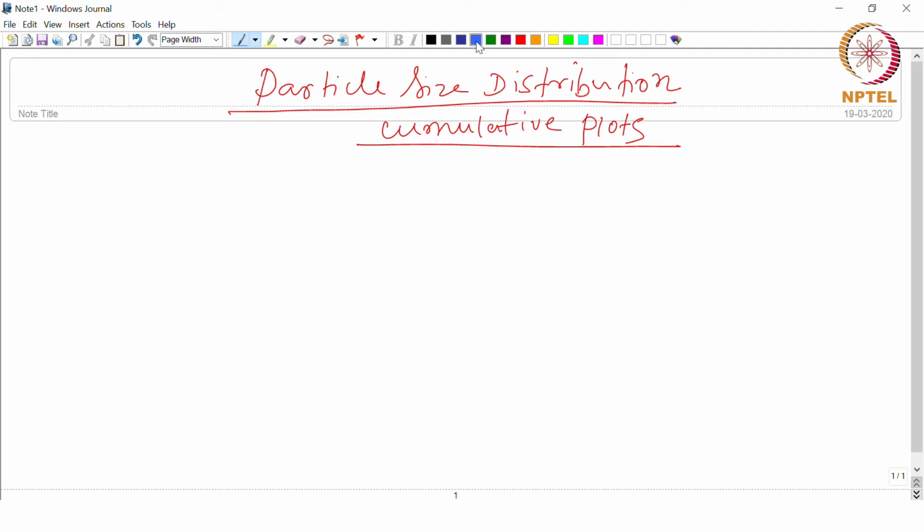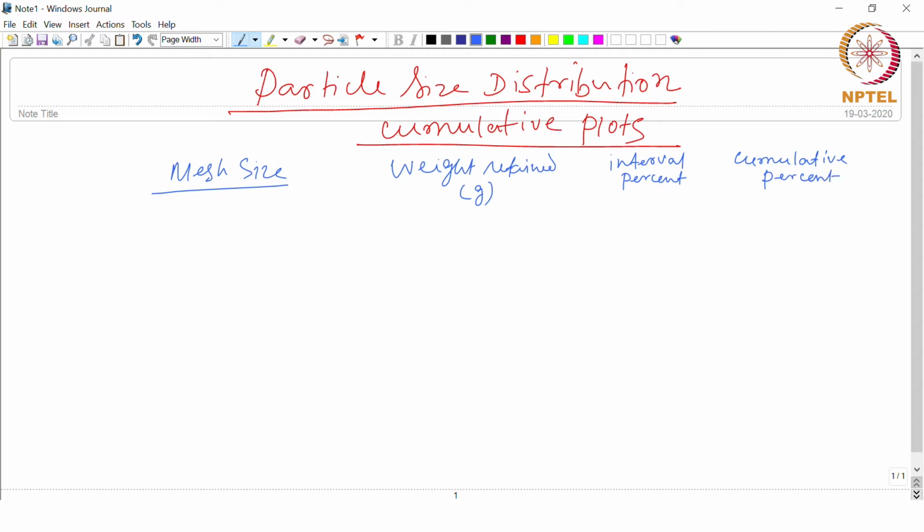Let us say we have done that sieve analysis and collected this data. So, we have different mesh sizes.